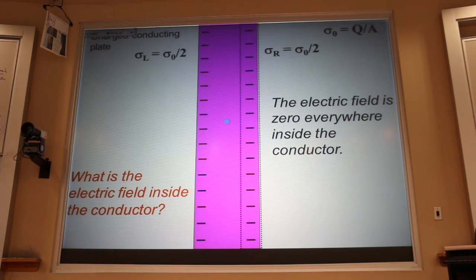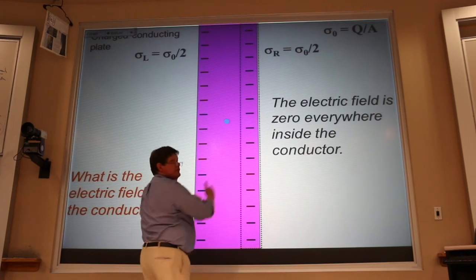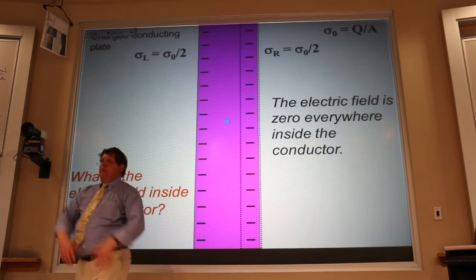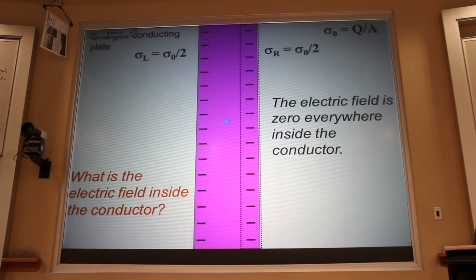If it were not 0, I mean, these are just the excess electrons that I threw on that metal. But the metal has billions and billions of electrons. If the electric field were not 0 inside that metal, electrons would still be flowing. And what we find is that after 10 to the minus 16 seconds, they're in their happy place, stopped.